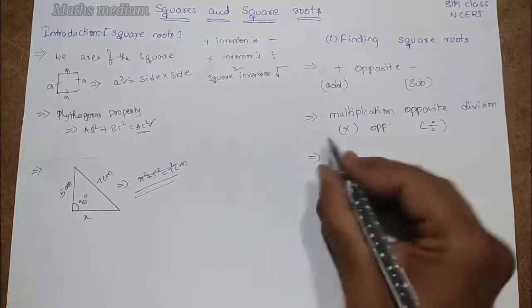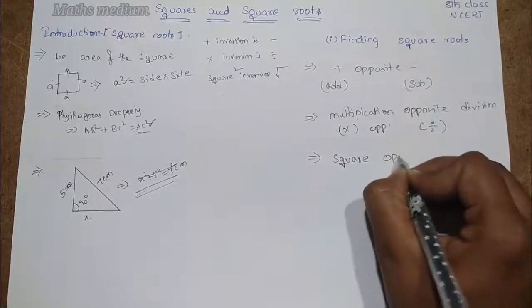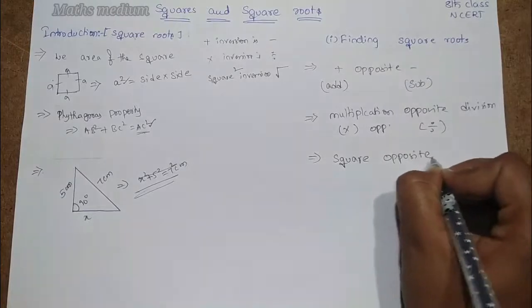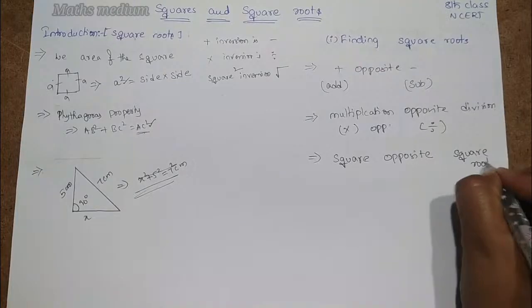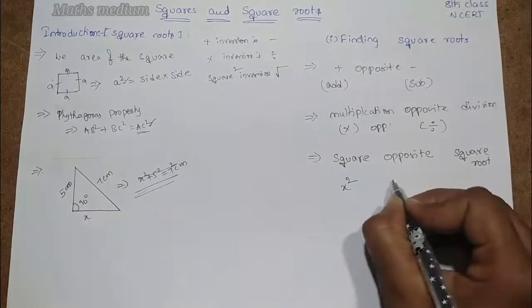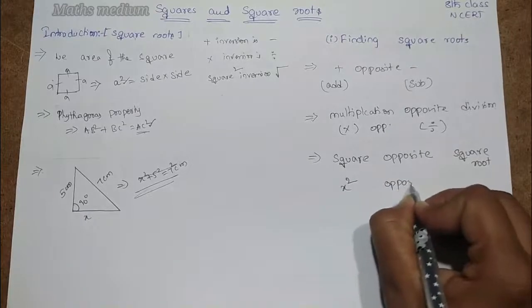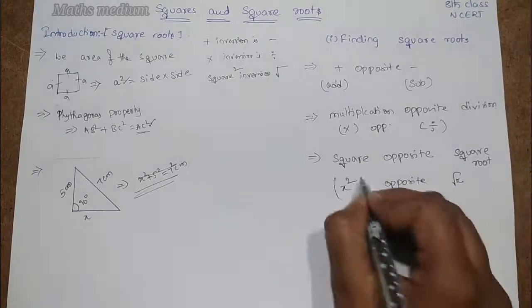Here, square is opposite to square root, represented like x square being opposite to root over x, like this.